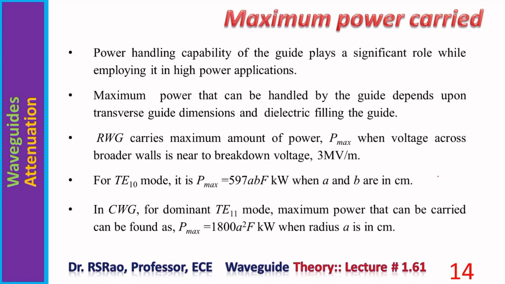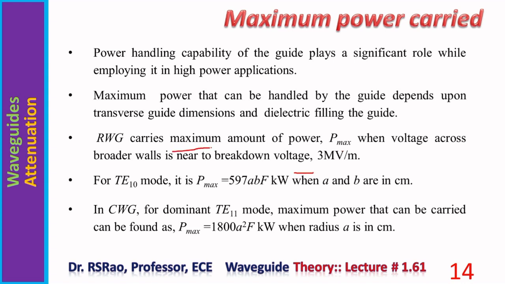When it comes to high power applications, the power handling capability of the guide plays a significant role. How much power a waveguide can handle depends upon several factors. Those aspects we consider in the present slide. Maximum power that can be handled by a guide depends upon transverse guide dimensions and the dielectric filling the guide.